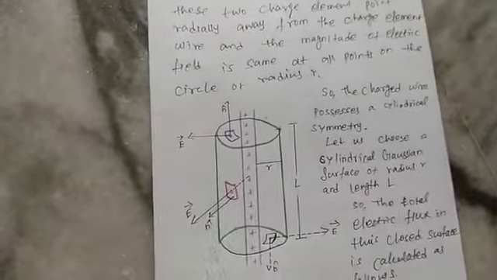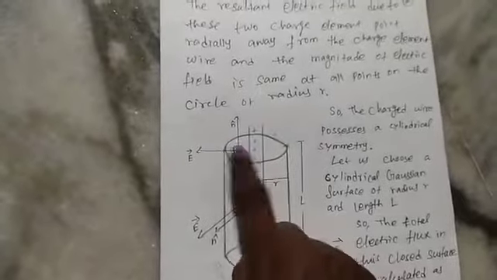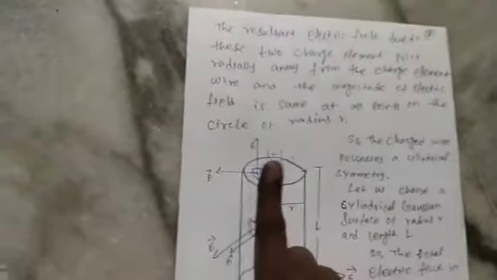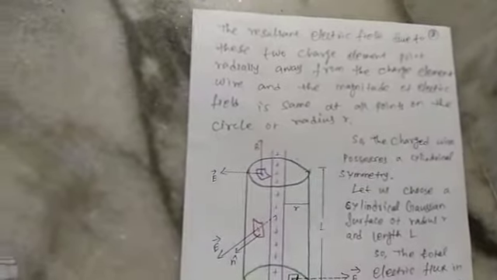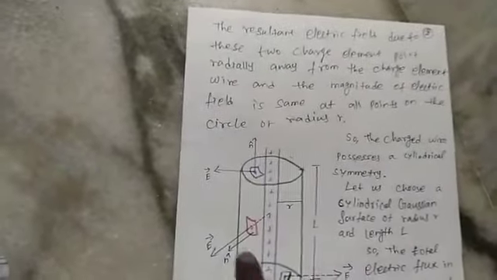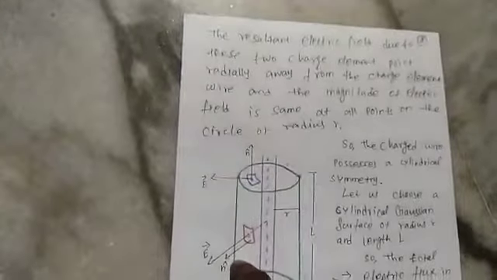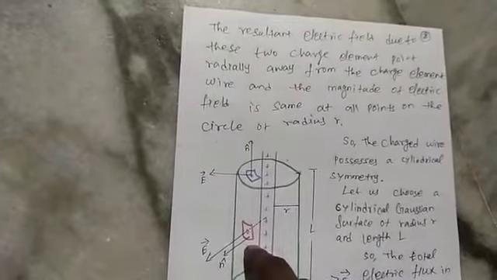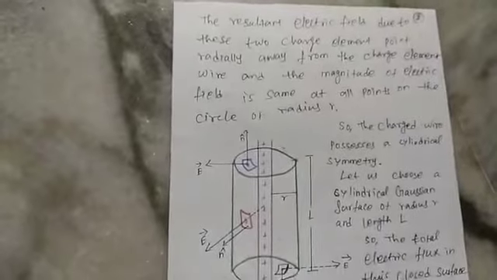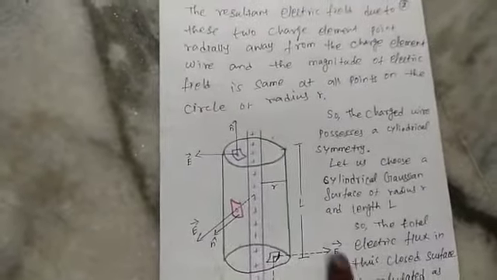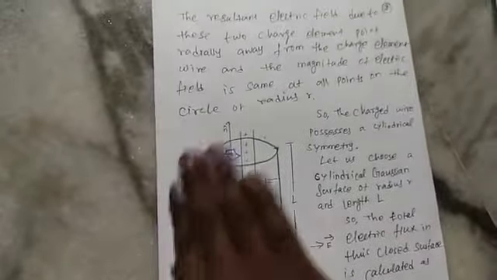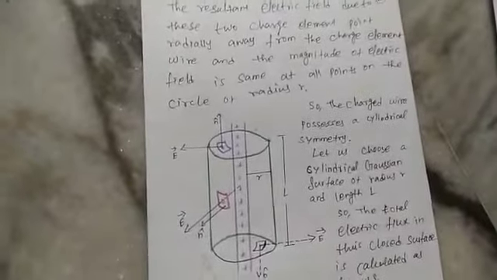On the top and bottom, the electric field and area vector normal are perpendicular. But on the curved surface, the electric field and area vector are along the same direction. So the electric flux in this closed cylindrical surface will be calculated as follows.